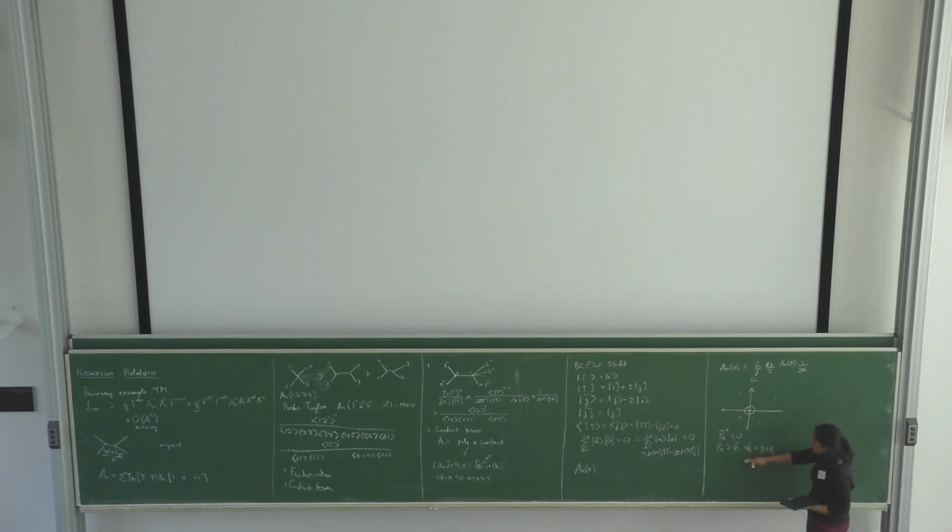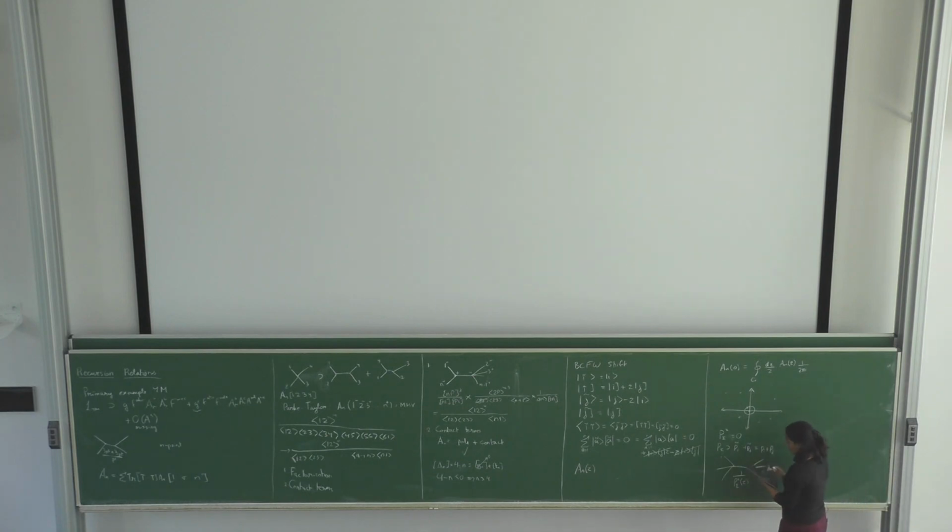The only time I will is when I'm looking at factorization channels, schematically like this, where i is on one side and j is on the other. In that case, I'll get a pole that looks like 1 over P_i squared of z, and you can check that this is actually going to be a simple pole.